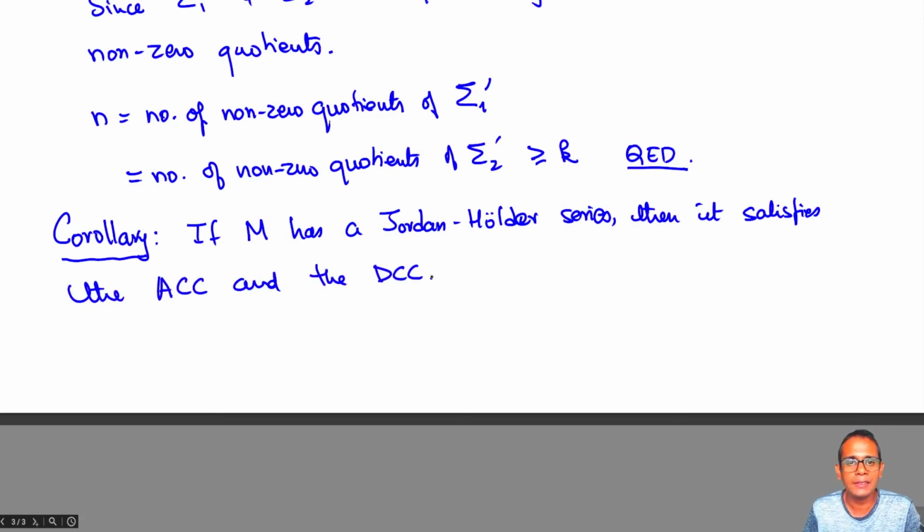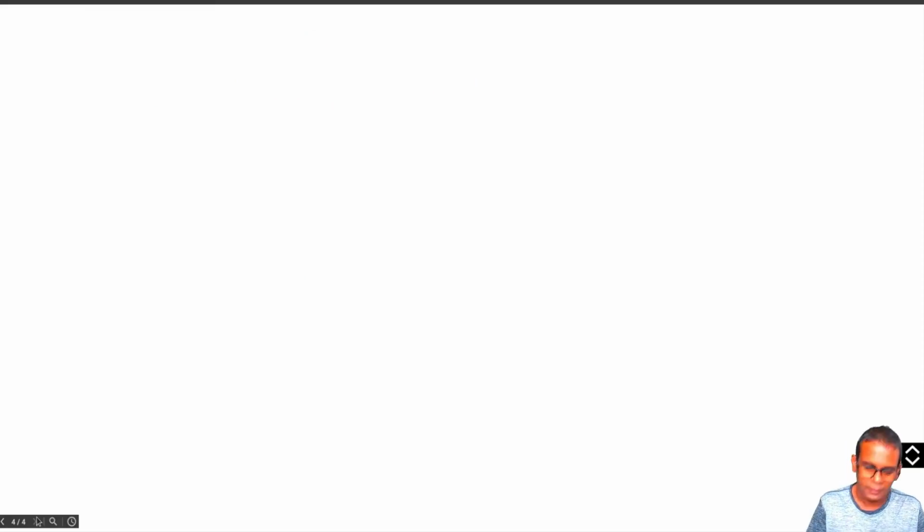Because if you have an increasing chain, it has to stabilize at some point, because you cannot have a strict increasing chain of length more than the length of this Jordan-Holder series, and the same applies for decreasing chains. Okay, and also the Jordan-Holder theorem gives us a set of invariants for a module.